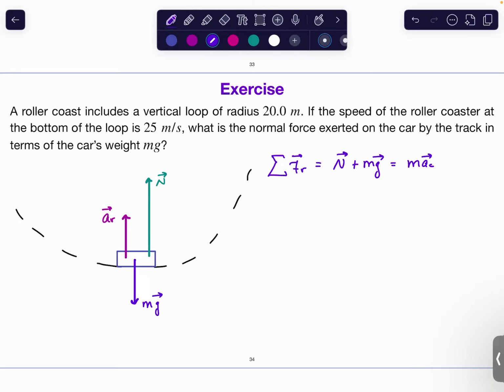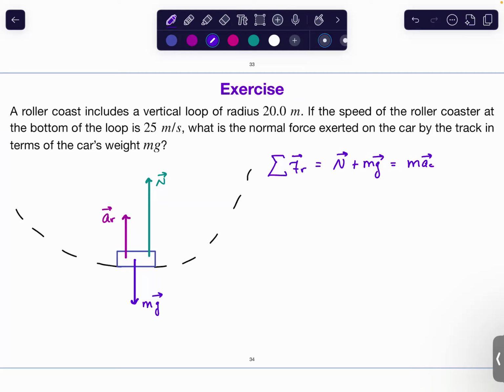Centrifugal is radial outwards. For centrifugal, we'll probably just use r. So centripetal is going to be radial towards the center of your circular motion. Centrifugal is going to be radial outwards, because you notice here that your mass times gravity is a radial force, and it's going to be a force going outwards from the loop.